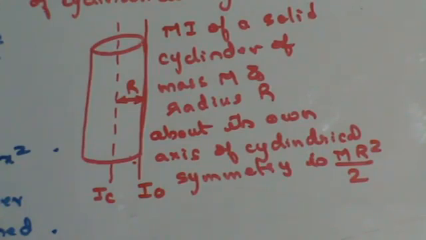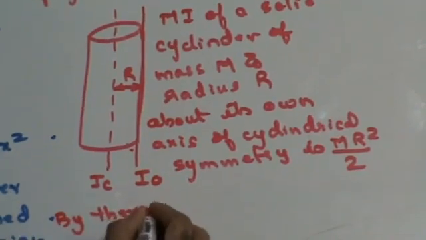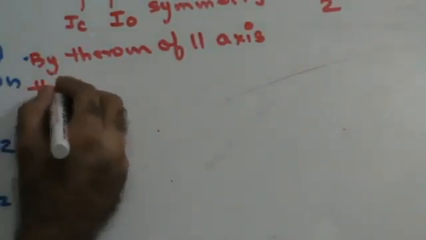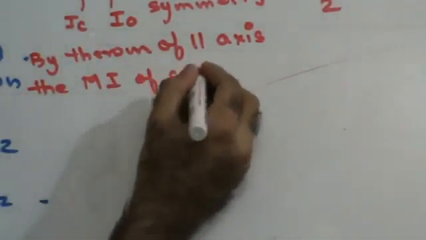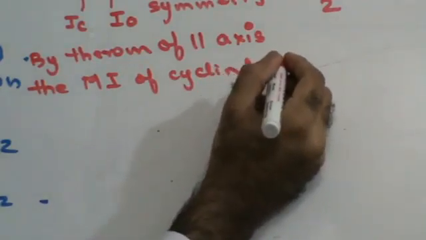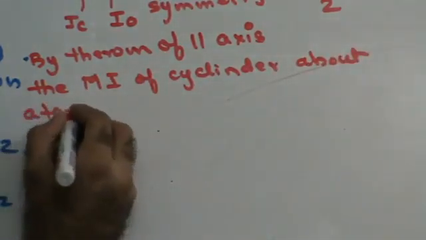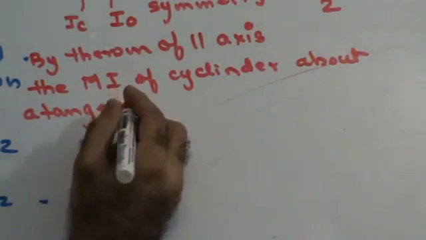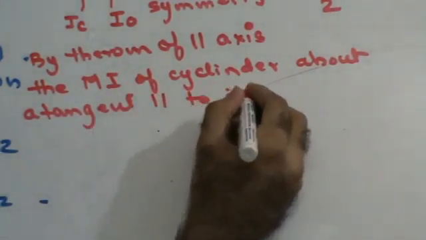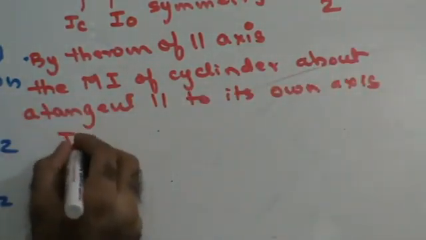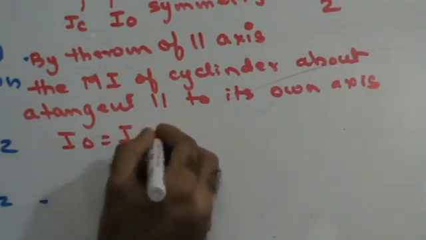Now I can say, since these two axes are parallel to each other, by theorem of parallel axis, if I apply theorem of parallel axis, I can say that the moment of inertia of the cylinder about a tangent parallel to its own axis will be nothing but IO is nothing but IC plus mr square.